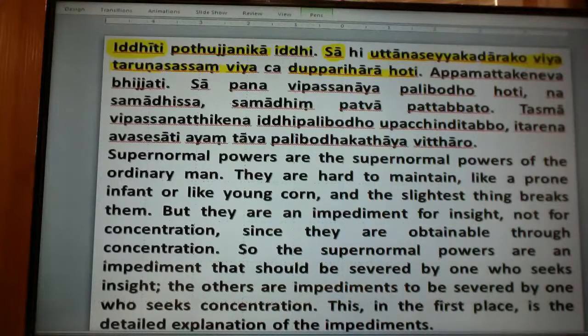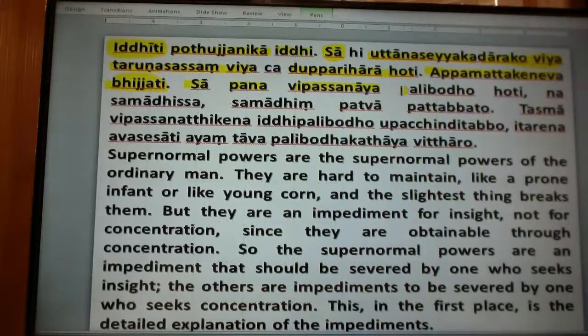And appamattakena eva. Appamattaka means little or small. Because of a little opposition, a small thing, that kind of supernormal power breaks, vipajjati. Vipajjati means broken. So a little thing breaks it down easily.